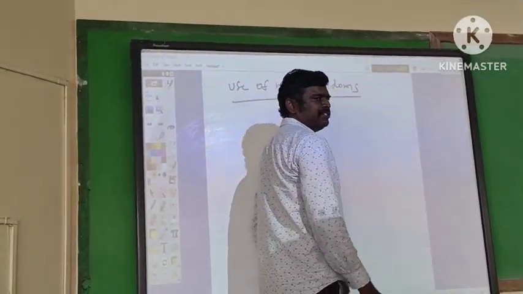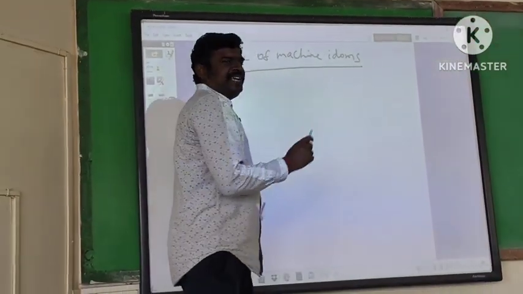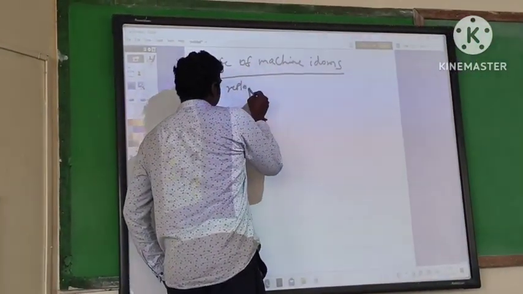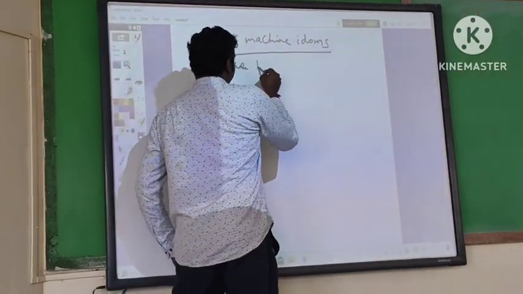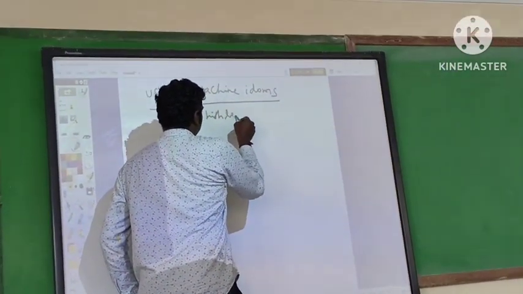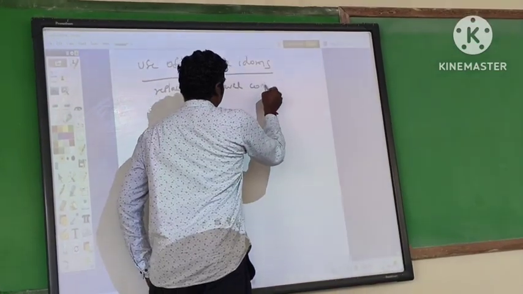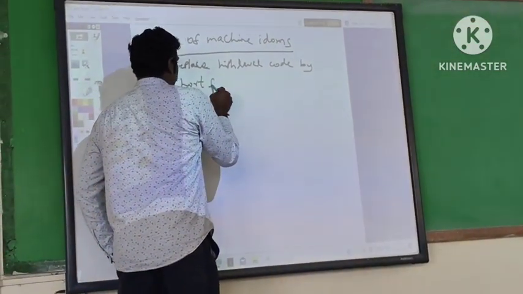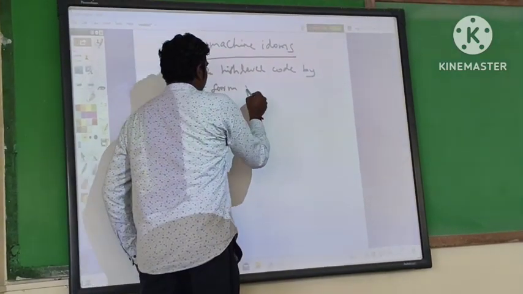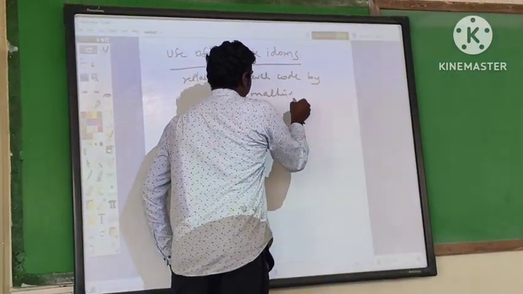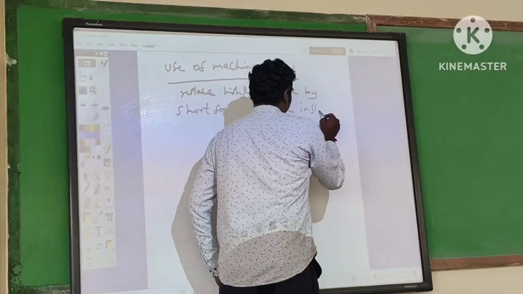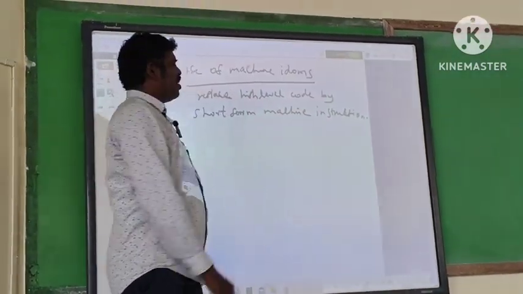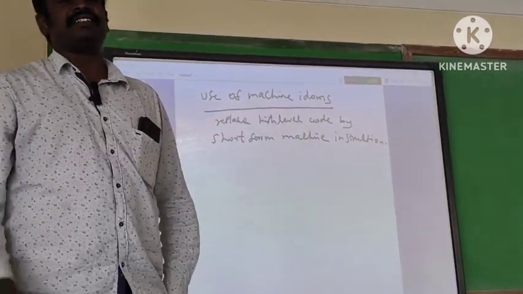Now see here, let us assume we replace high level code by a short form of machine instruction. Replace the high level code by a short form of machine instruction.